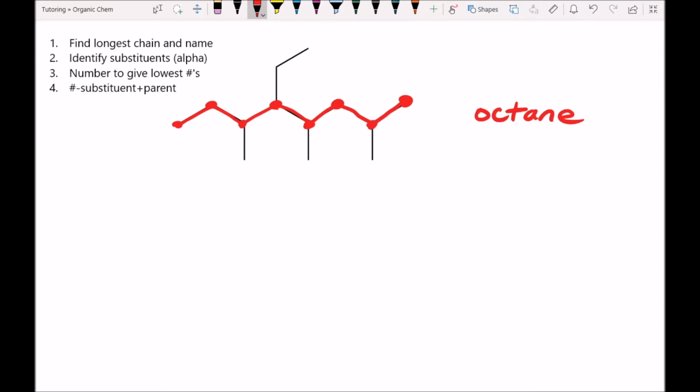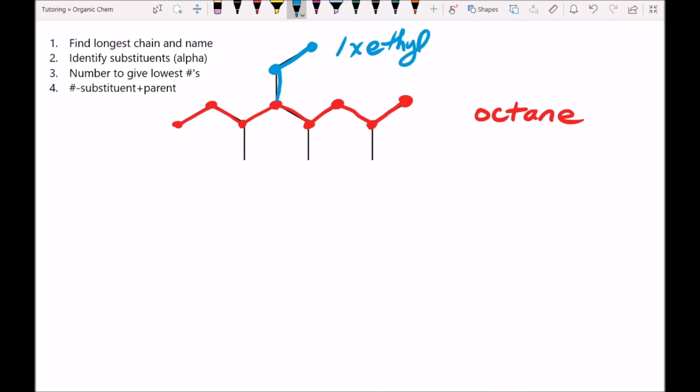Now we're going to identify the substituents in step 2. And we're going to put them in alphabetical order because that's how they'll show up in the name. So we have a 2-carbon substituent. One 2-carbon substituent is one ethyl group.